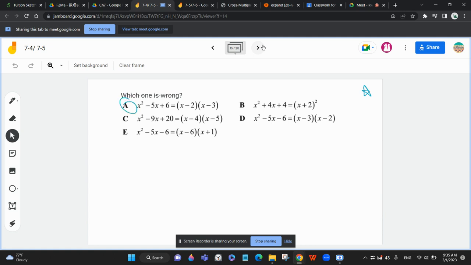Yeah, so this one, actually this one is correct, because if you expand the right hand side, right, then you multiply this, the first term you get an x squared, and then if you multiply the inner and outer terms you get negative 5x and then a positive 6.